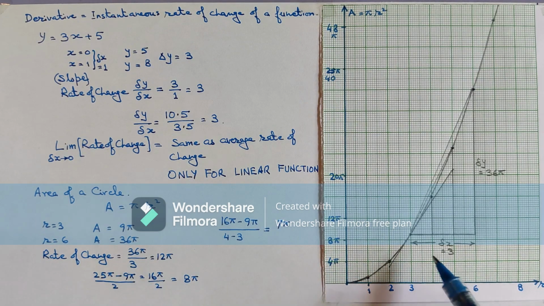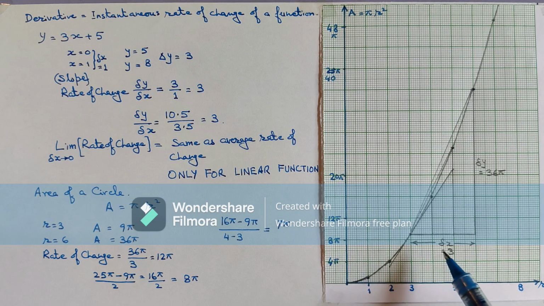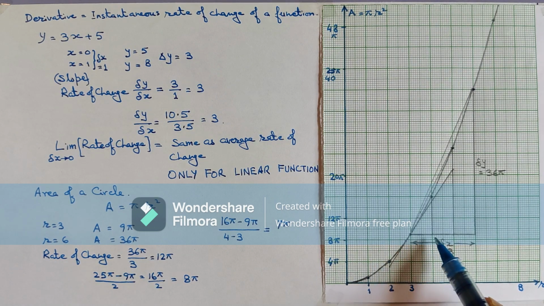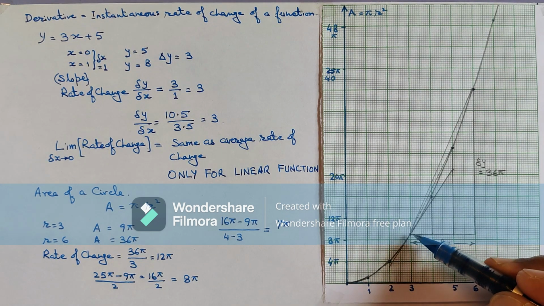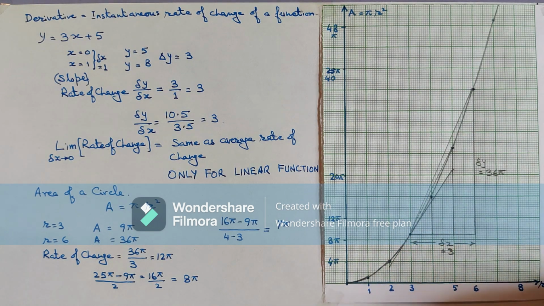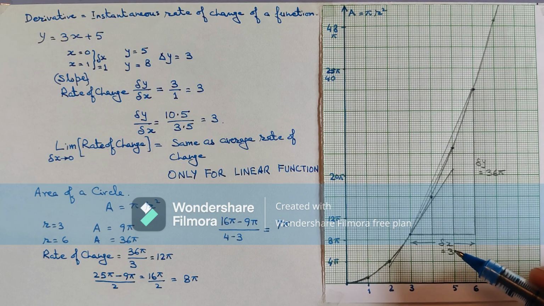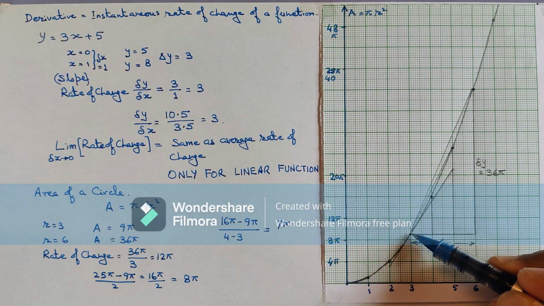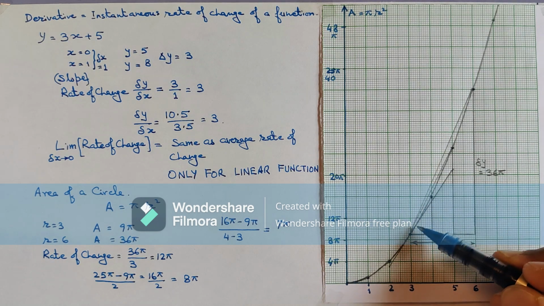This is the average rate of change when the interval is taken from radius is equal to 3 to radius is equal to 4, and this time it is a straight line joining this point and this point. Because of the resolution of the graph, this straight line joining these 2 points looks to be, it is actually not so, but it looks to be coinciding with the plot.